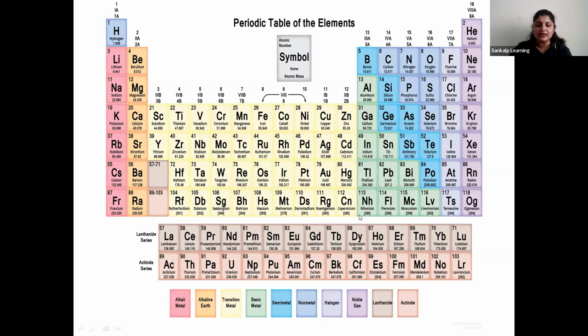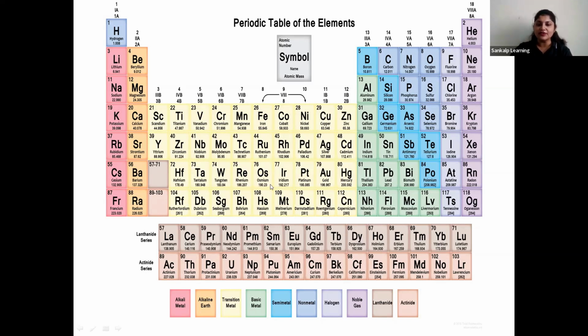So what do you mean by synthetic or man-made elements? A synthetic element is a chemical element that does not occur naturally on the Earth, but is prepared artificially. So these are prepared by man, and these are unstable.